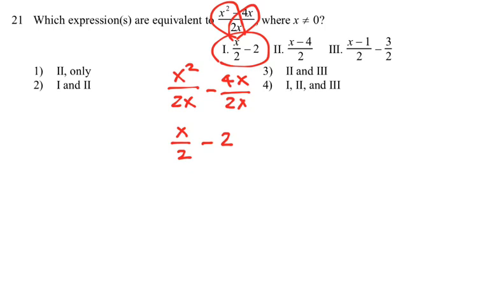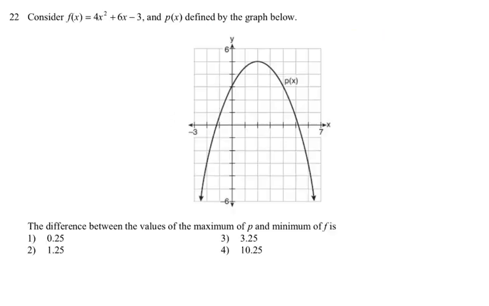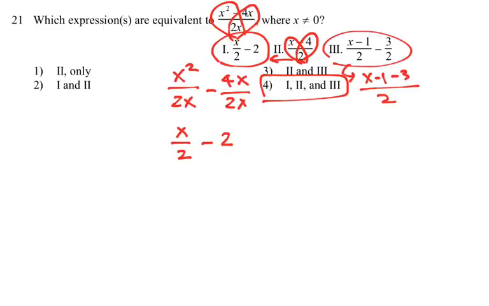If you look at the second option here, when 2 divides x and -4, that is the same thing as x over 2, and then minus 4 over 2 becomes -2. So the second one is also okay as well. The third one: if I combine those two terms, that's the same thing as choice 2. So therefore, our answer is choice 4, where 1, 2, and 3 are combined together.